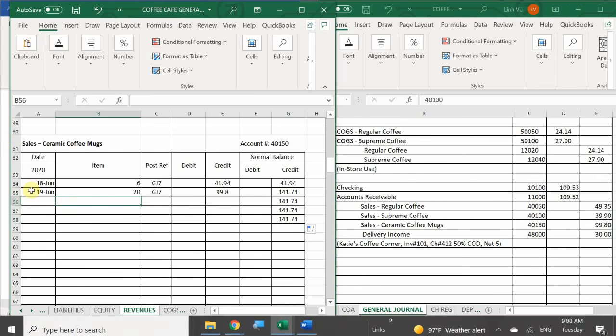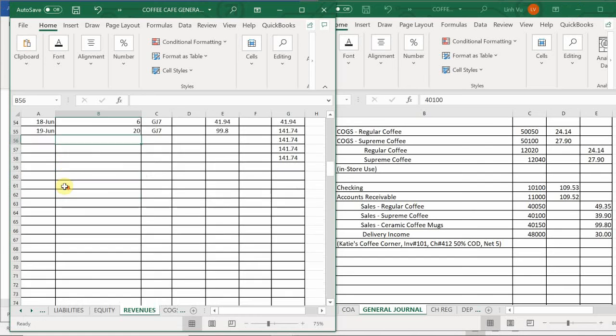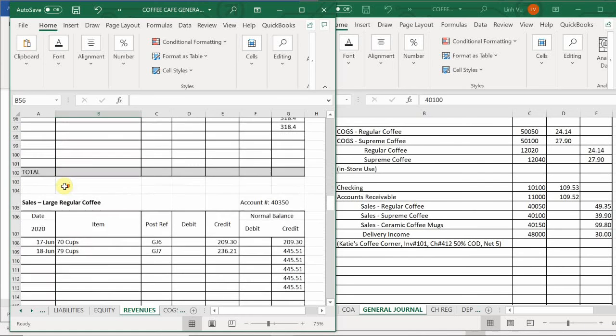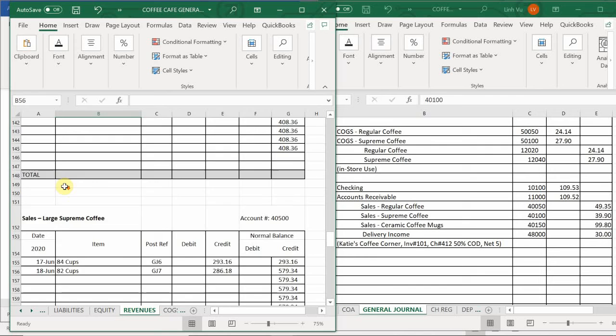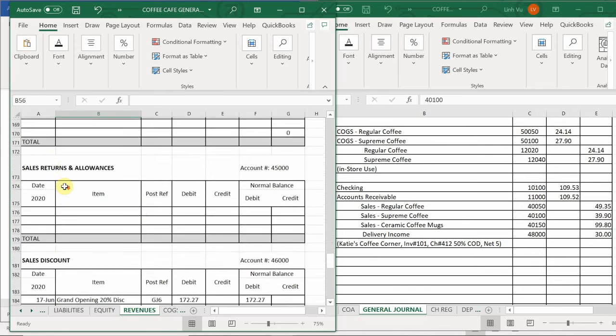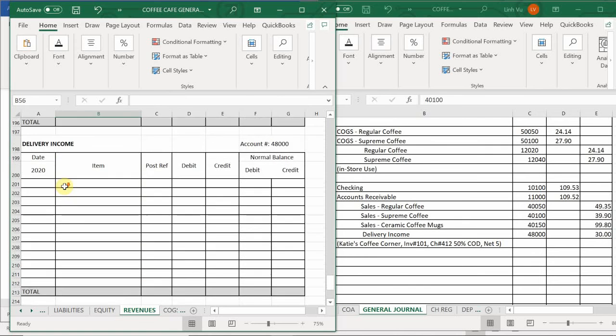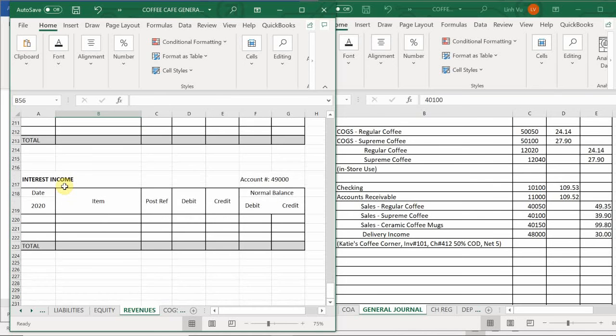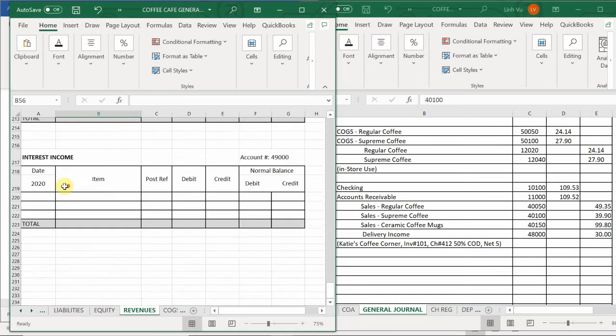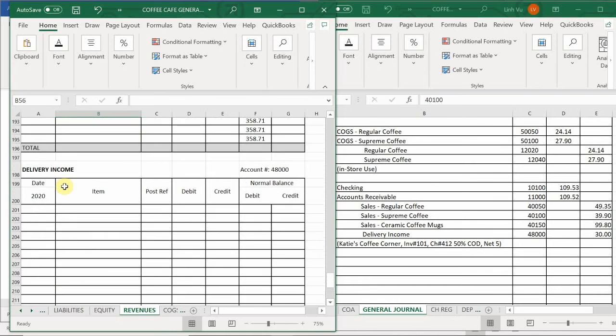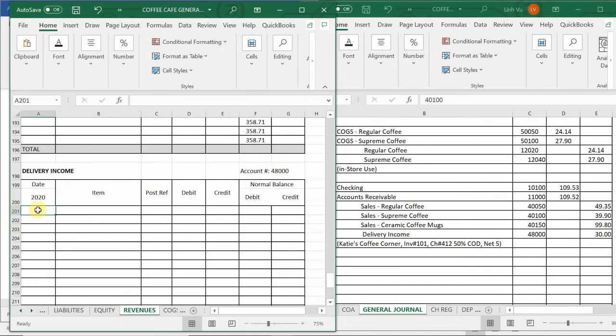Okay, so therefore, let's see what happened next. It is going to be the delivery income. So account number 48,000. Oh, I had it right here. Delivery income. Account number 48,000.